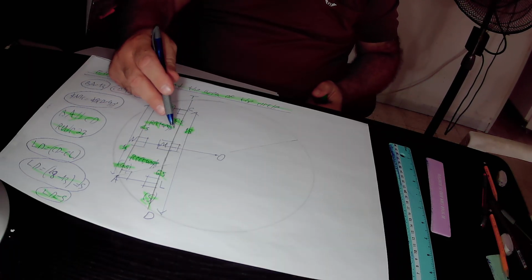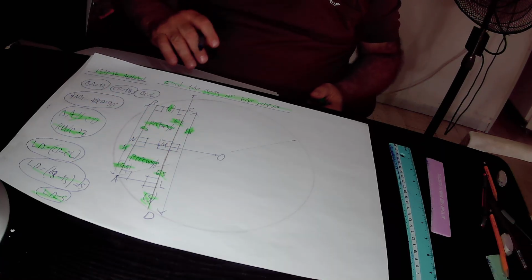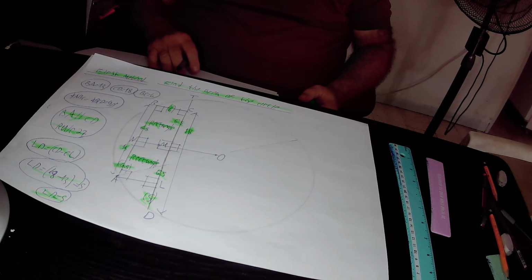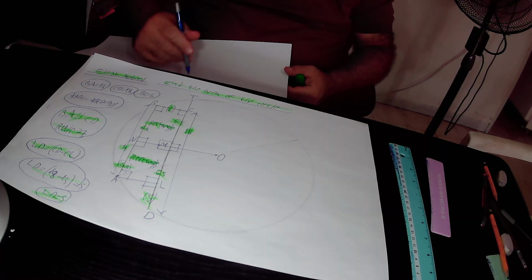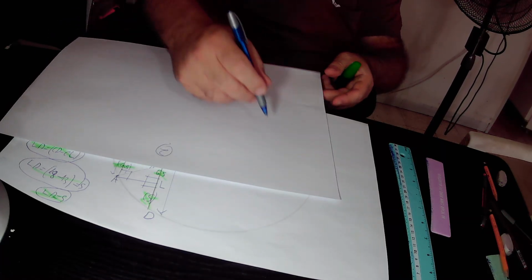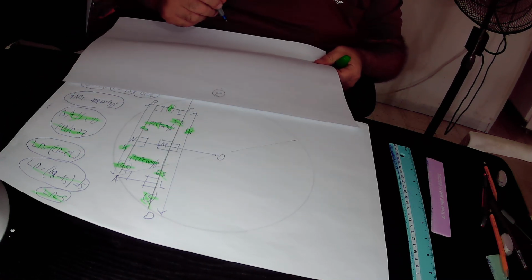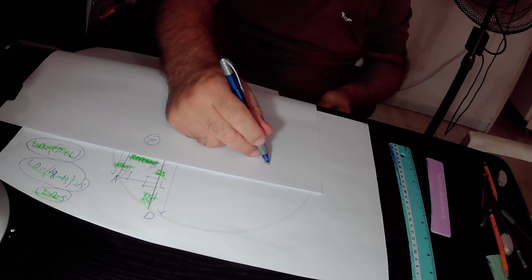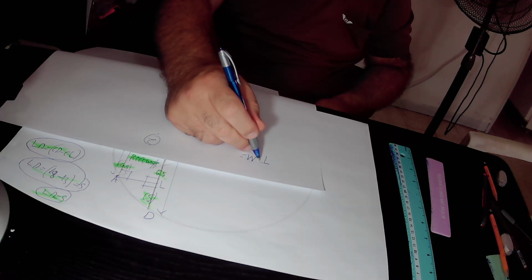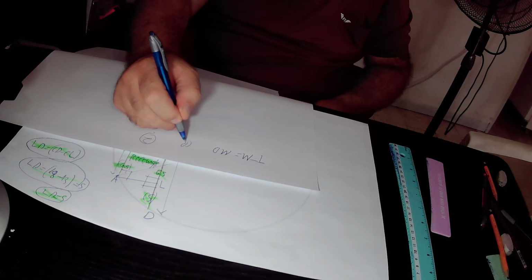The first half is TM, the second half is MD, and of course TM equals MD. So right now we found out that according to rule 19, TM equals MD.